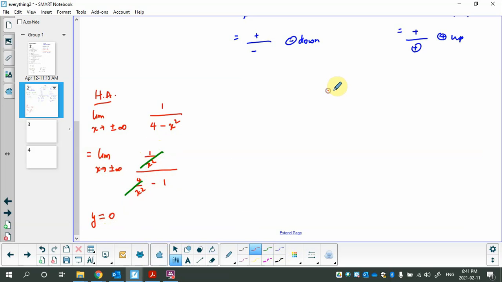And now I can do my test. So f at -10 minus horizontal asymptote, f at +10 minus horizontal asymptote. Now the nice thing here is, let's say you forgot to subtract off the horizontal asymptote. I would never know, because subtracting off 0 doesn't really do anything.